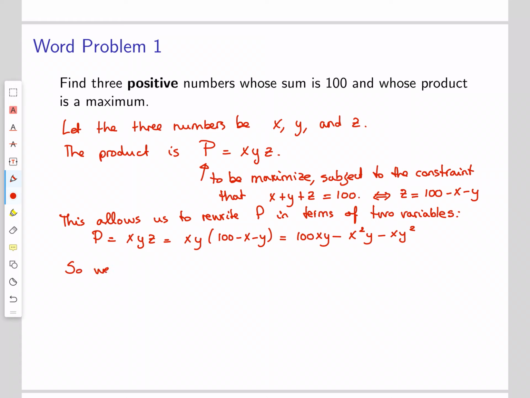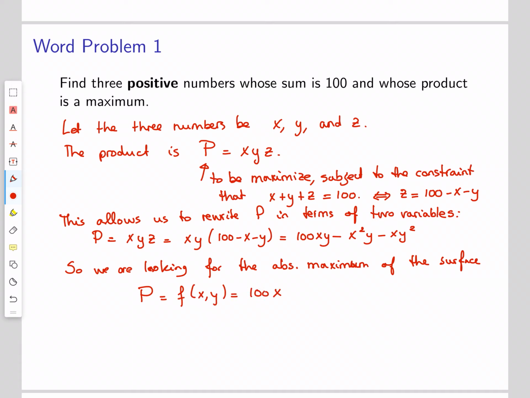So we are looking for the absolute maximum of the surface P, which really is a function of X and Y, and the function that we found is 100xy minus x squared y minus xy squared.